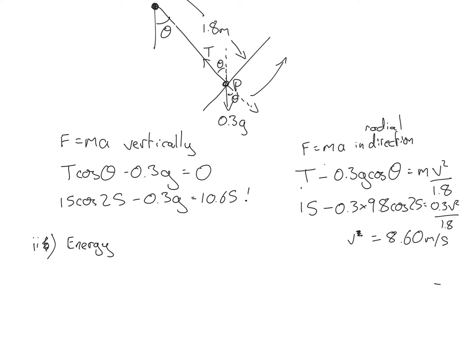So energy at 25 degrees. Yeah, this would be my suggestion. I would take GPE to be 0 here, up at the top, because although it's going to be negative, it's a fixed point that is easier to work about than the bottom.